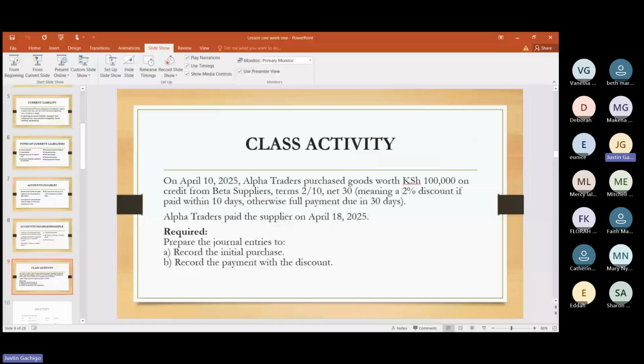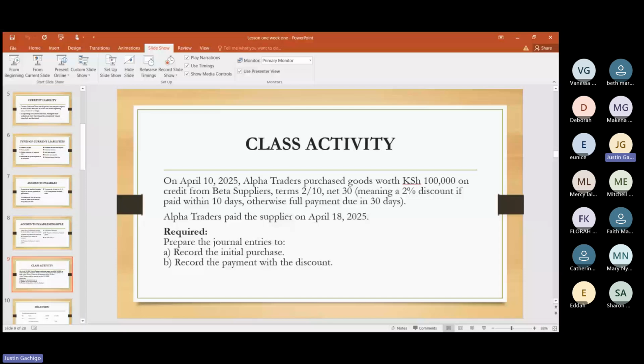Now, I want us to try this concept with what we have just discussed. Let me lead this question. On April 10, 2025, Alpha Traders purchased goods worth 100,000 on credit from Better Suppliers, and we have the terms. If you pay within 10 days, you get a 2% discount.